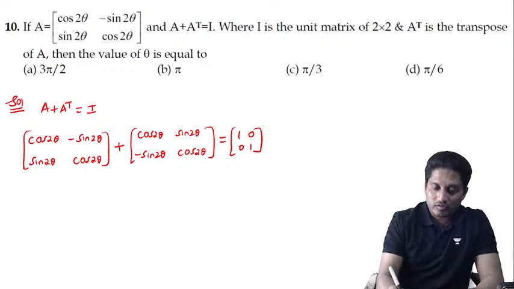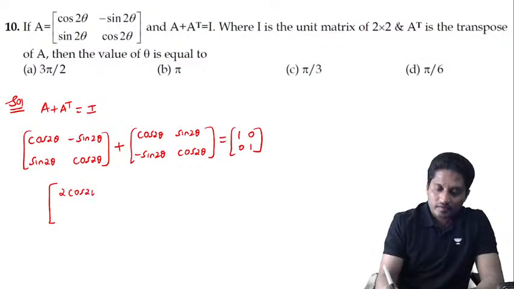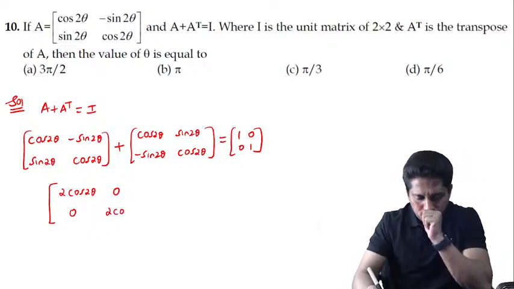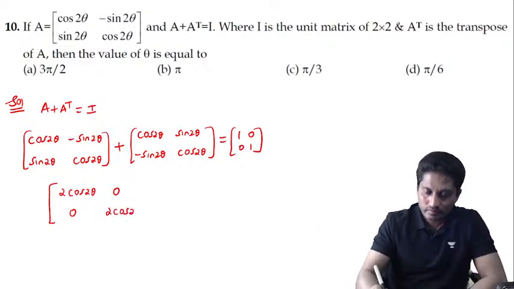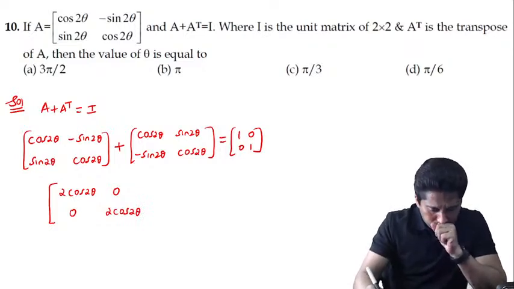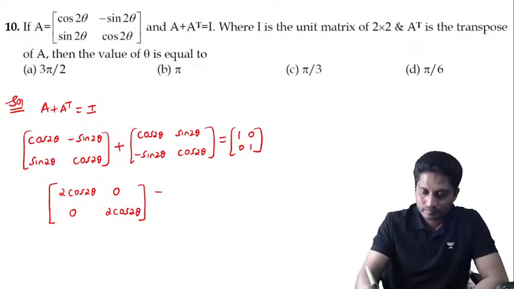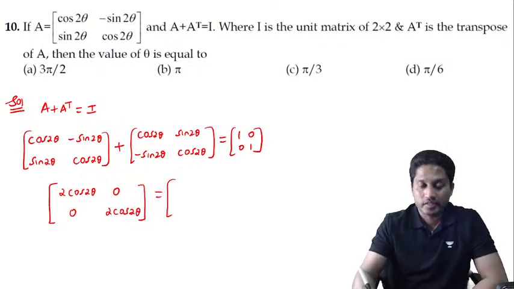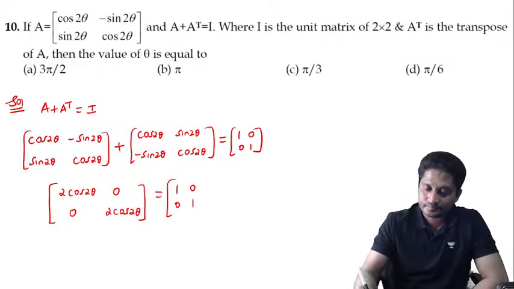Right, now if I add these two, this is 2 cos 2 theta, 0, 0, and then 2 cos 2 theta is equal to 1, 0, 0, 1.